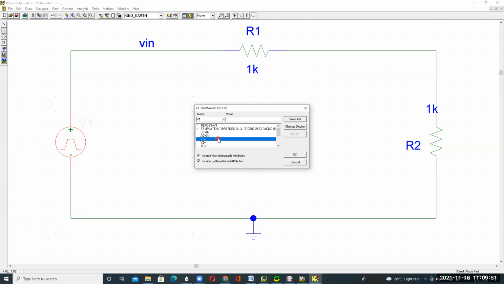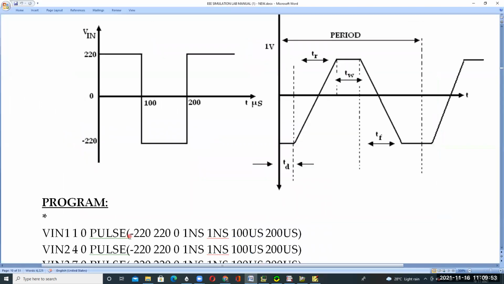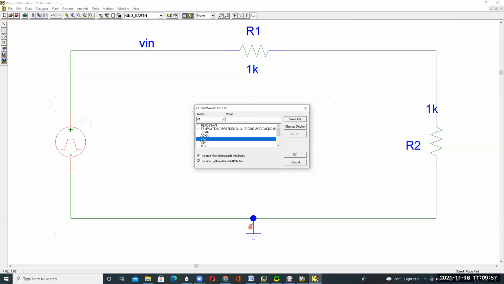V1 is minus 220, that's why I'm taking minus 220 here, and V2 is plus 220, just 220. V1 is minus 220, and V2 is plus 220.